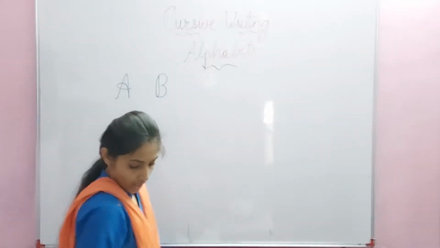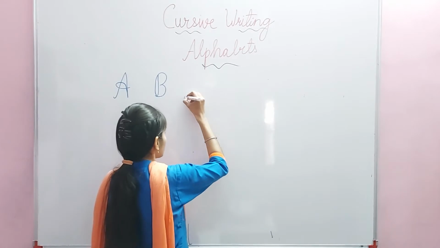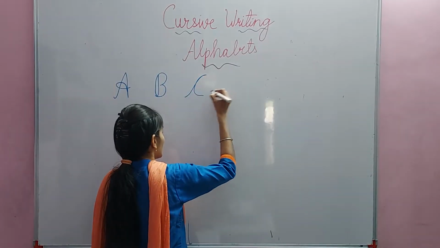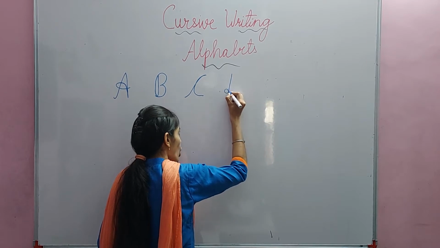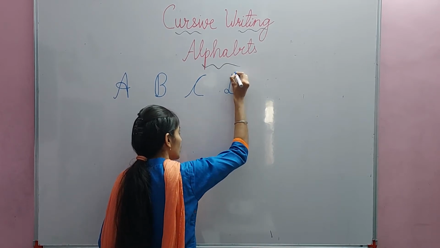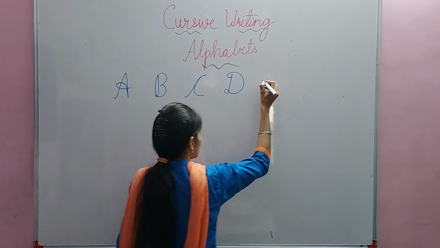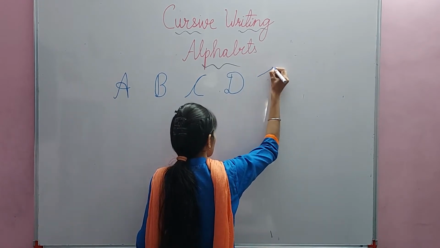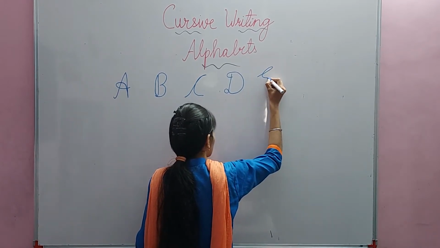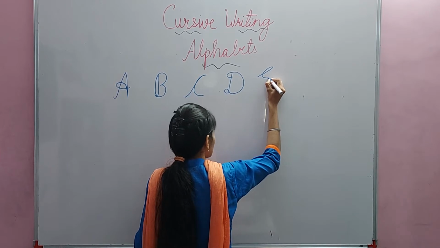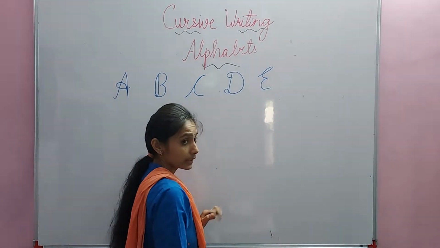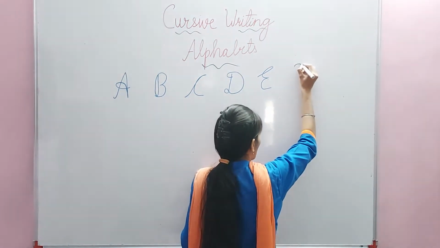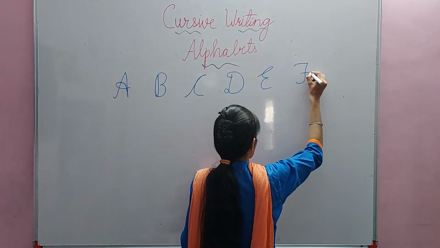Now C. D. Make a standing line, make a small circle and make a curve. This will make D. Make a slanting line. Then make a C. Small E. And then make a curve.